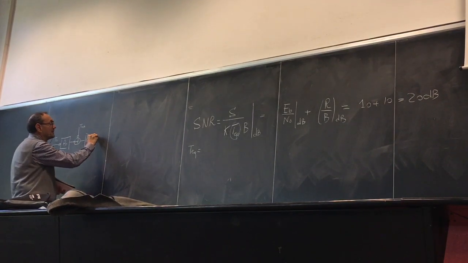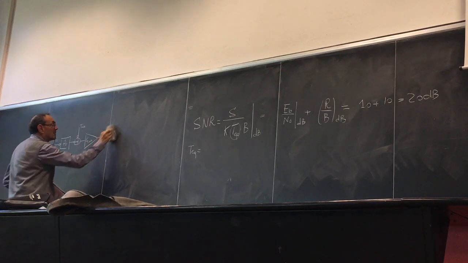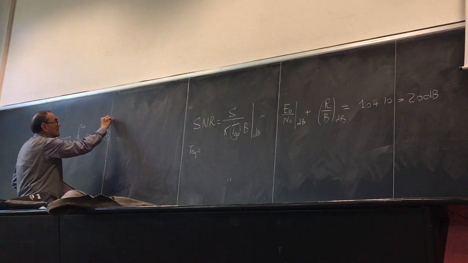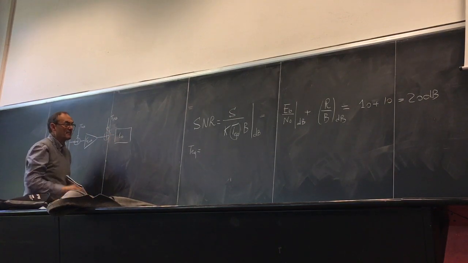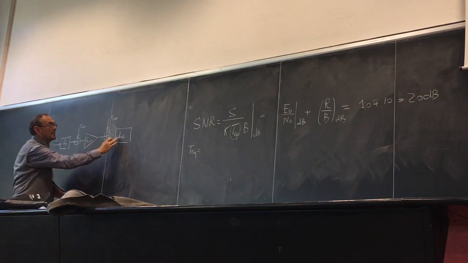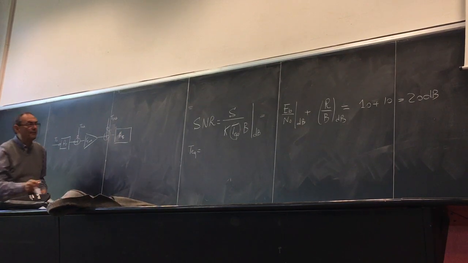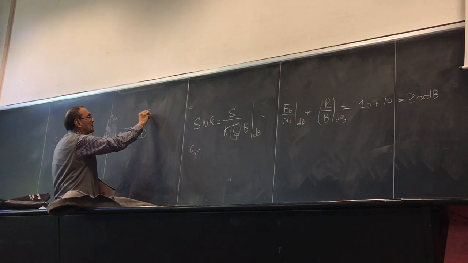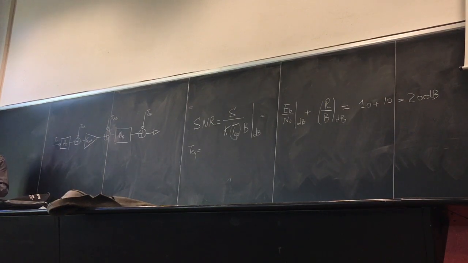Then we have the mixer, T SSB, and then we have L C, which represents the conversion loss of the mixer. It is called A C here. And finally we have the IF contribution due to the demodulator, receiver, and so on.